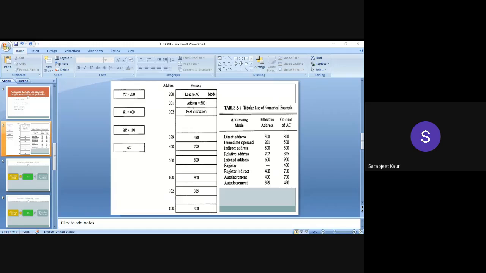But in this case, we are assuming, there is an assumption written in your textbook for this program. If you get a question like this in your theory exam, and if there is such an assumption, it will be explicitly written. The assumption is that two words are being used to store one instruction.